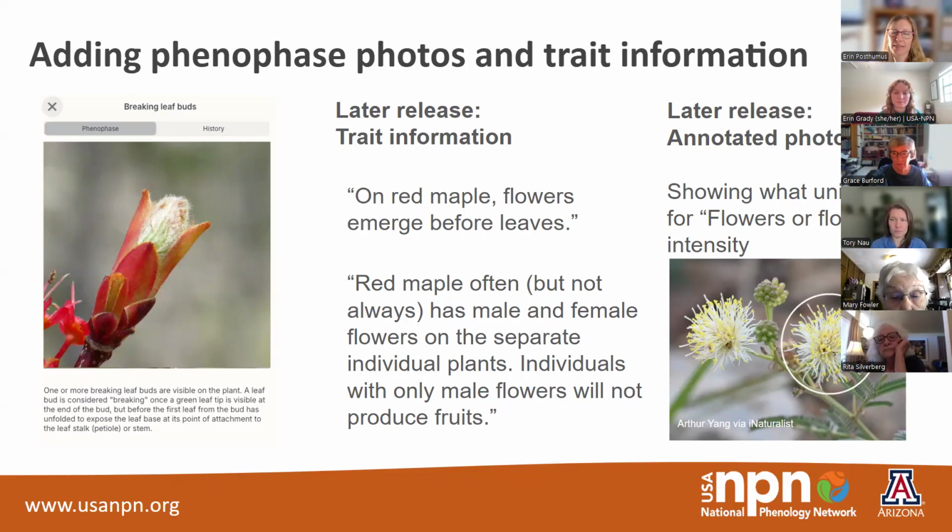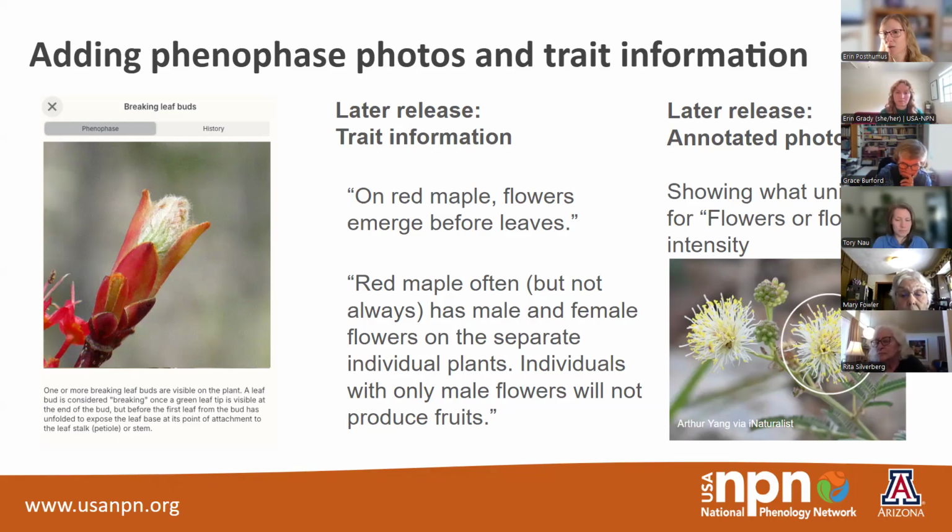We're also going to be working on annotated photos that have to do with helping with intensity. So right now for the flowers or flower buds phenophase, we will tell you if the species has inflorescences, you should count the inflorescences. But we don't tell you whether the species does have inflorescences and what they look like.